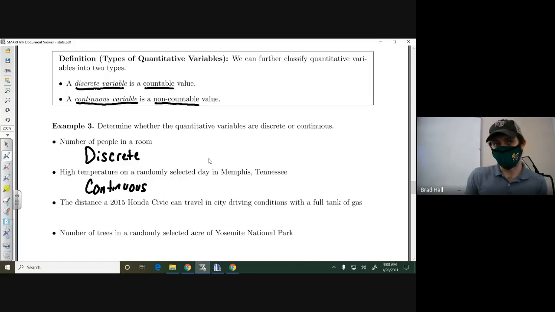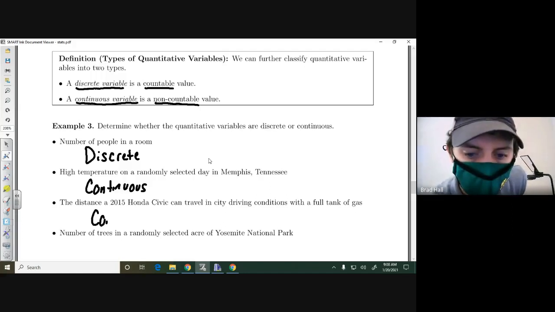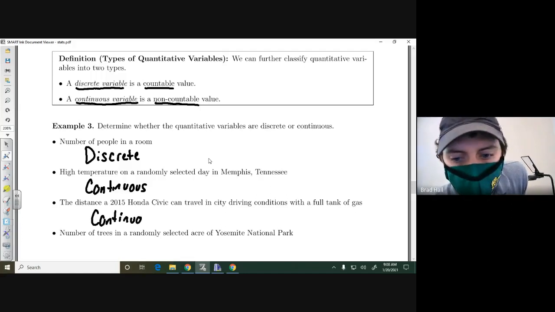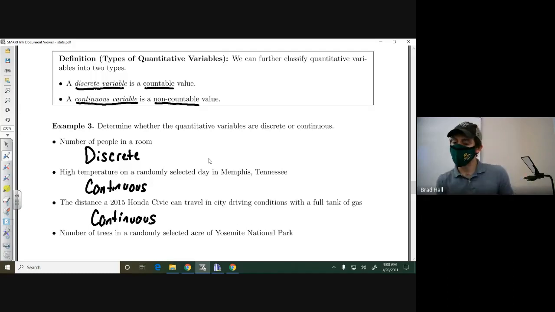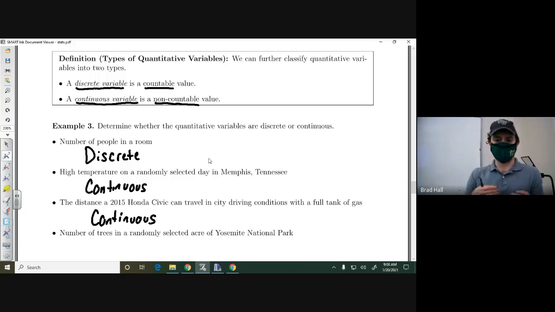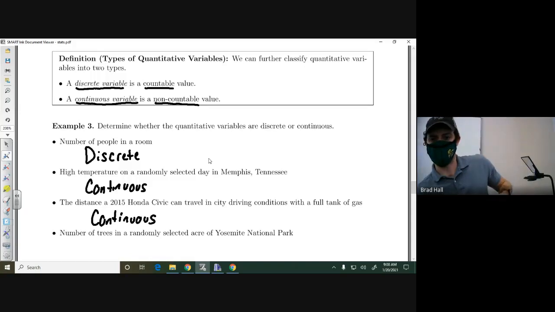Does anyone have an idea about that one? This one's going to be continuous as well. Distance is a continuous variable. You can go a bunch of feet, but then feet can also be broken up into fractions. You can have decimal feet or even inches, miles, kilometers, meters, yards, and so on.